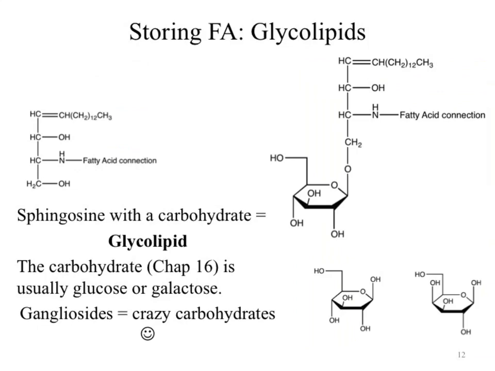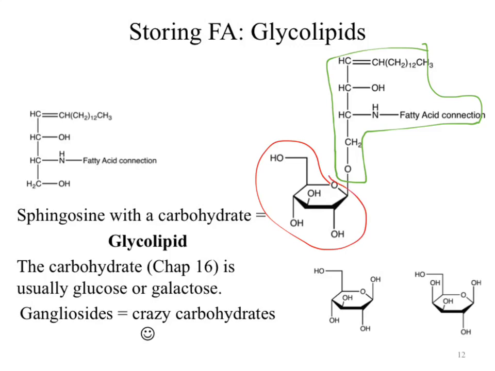If we again take a look at our structure, hopefully you see that we're looking at effectively the sphingosine structure, except what we've now added is this extra little carbohydrate out at the end there. That carbohydrate is drawn in what kind of formation? Chair. Nope, sorry. Fischer projection, which we will talk about when we get into the carbohydrates more.